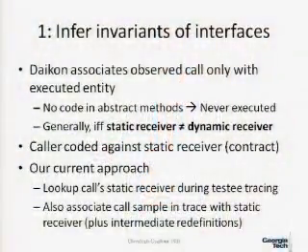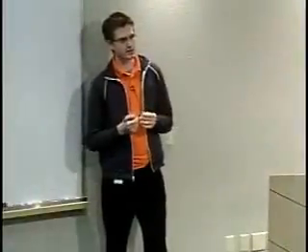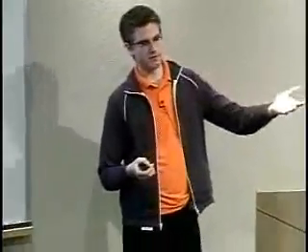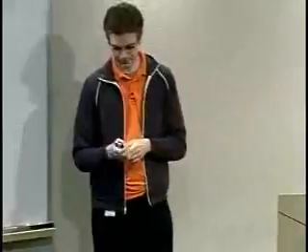So the first problem is that Daikon really associates every execution only with a dynamic receiver of a method call. So after the dynamic dispatch, you really run one method, but that might be different than what you have in the source code, the static receiver.